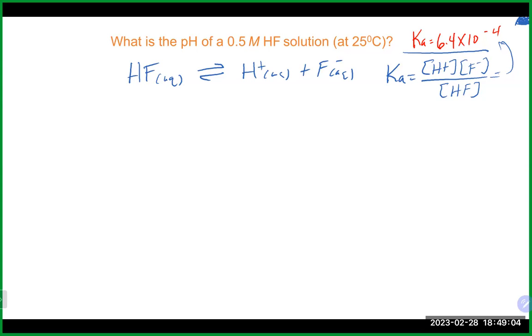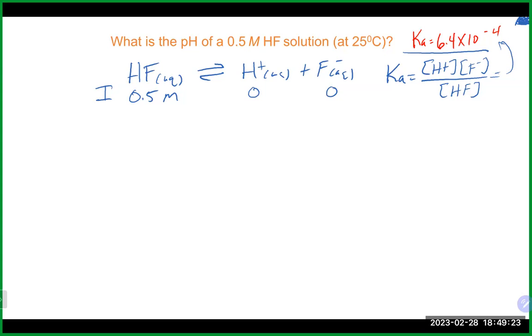We're just going to really roll into our ICE table like normal. Initially here, we are given that this is 0.5 molar. And just like a normal equilibrium, we have no information about anybody on the right-hand side, so it is safe to assume that those guys are going to be zeros.